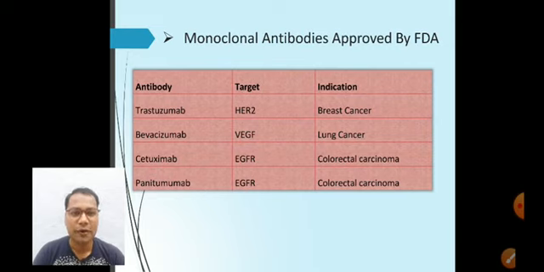These are used for breast cancer, lung cancer, and colorectal carcinoma respectively, and the target sites for these antibodies are HER2, VEGF, EGFR and EGFR. These are the target sites for these antibodies.